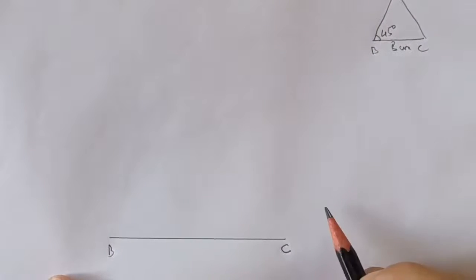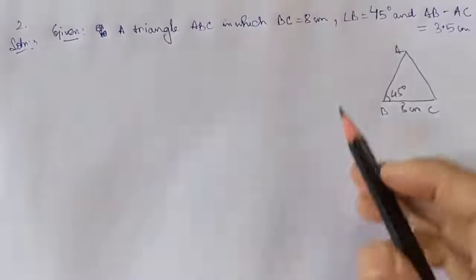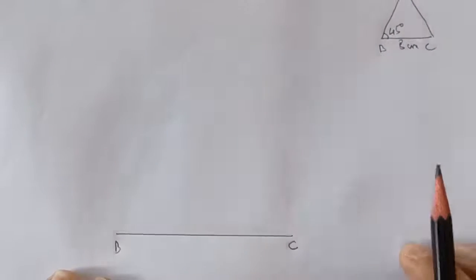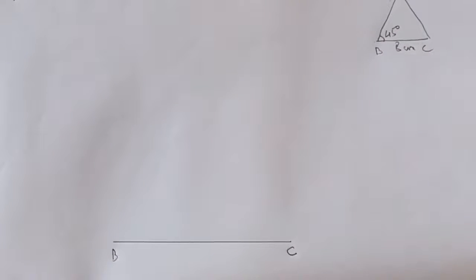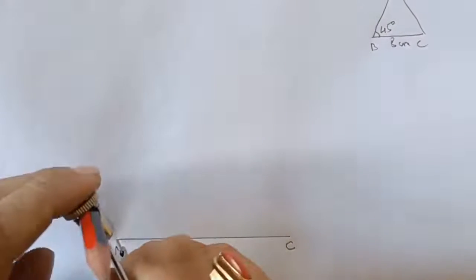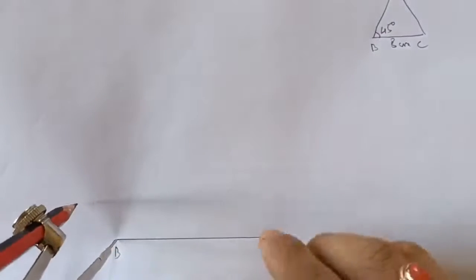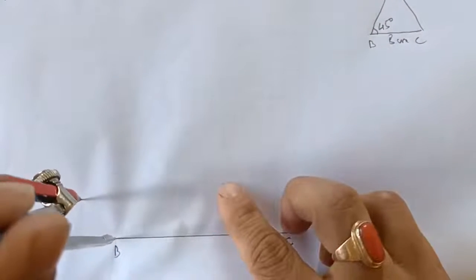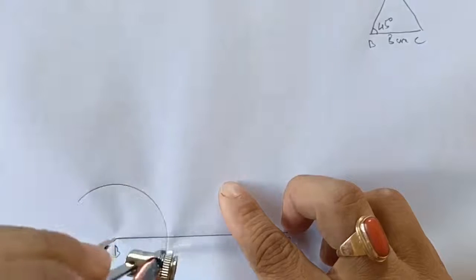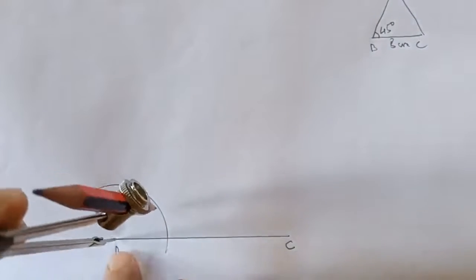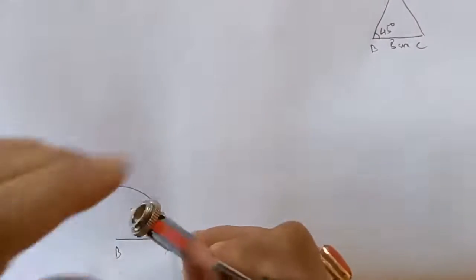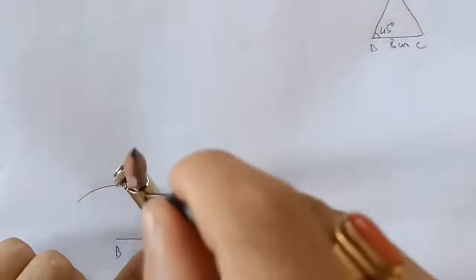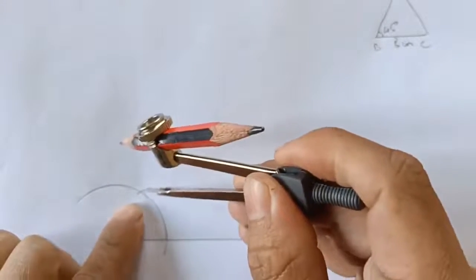Now we are going to draw an angle of 45 degrees at the point B. For that, we are going to first draw an angle of measure 90 degrees at the vertex B. To draw the angle of 90 degrees, let me draw an arc with center B. Next, from this intersecting point, let us draw arcs like this.